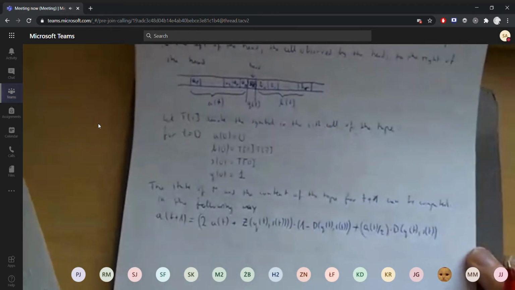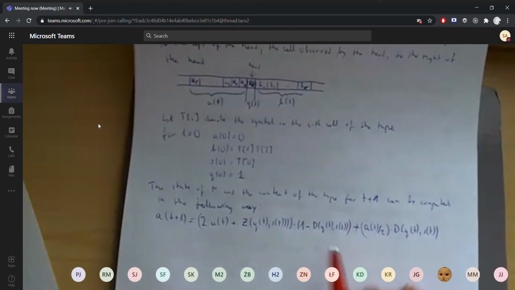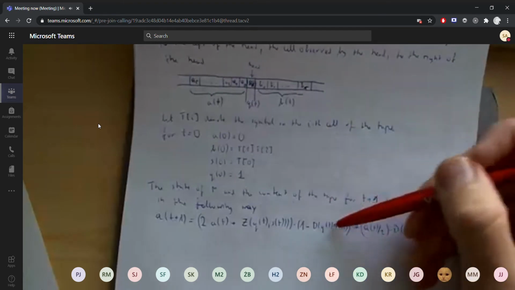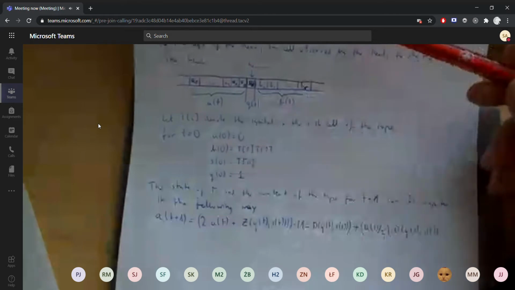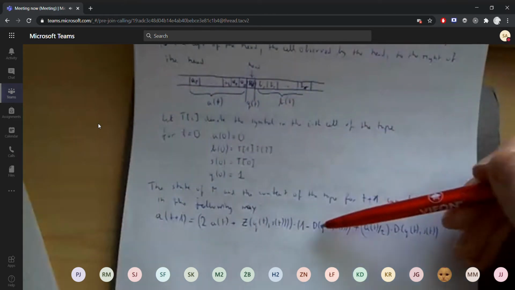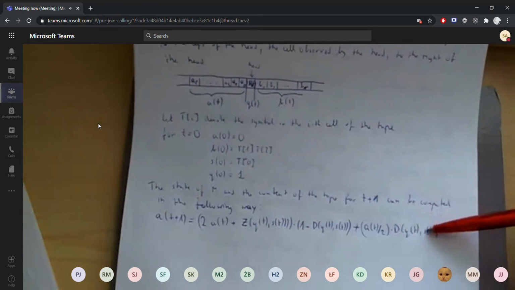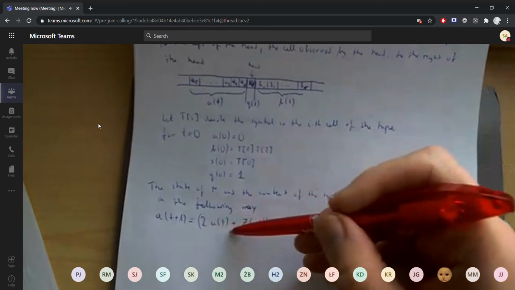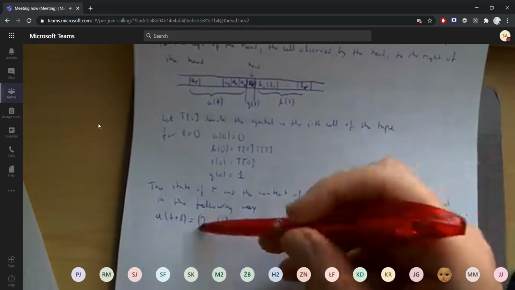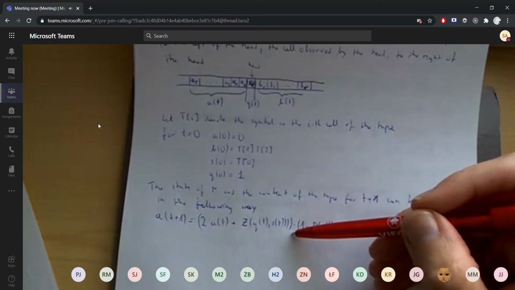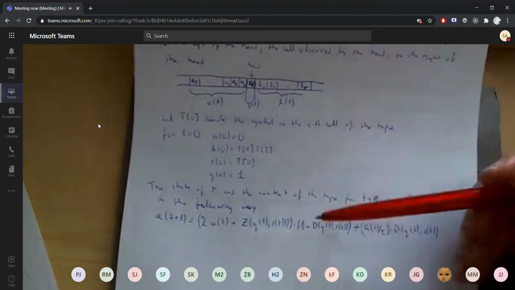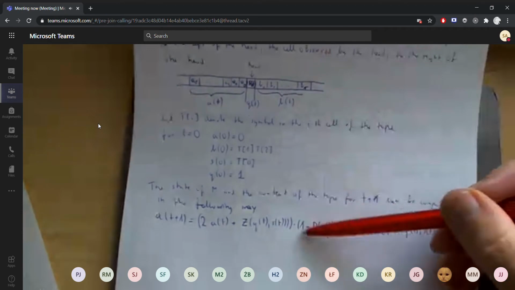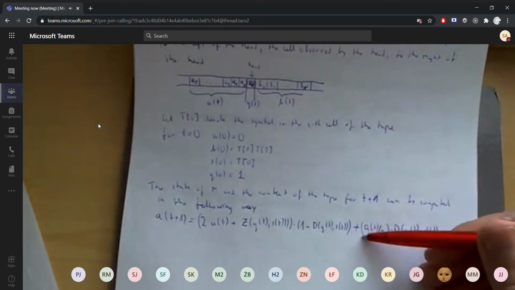Okay, so this looks complicated, but it is really not complicated. If the head moves right, then d is 0. So here we have 1, and here we have 0. So this part corresponds to what's going on if the head moves right, and in the other case, if d is 1, then here we have 0, and here we have 1. So we have only this part.